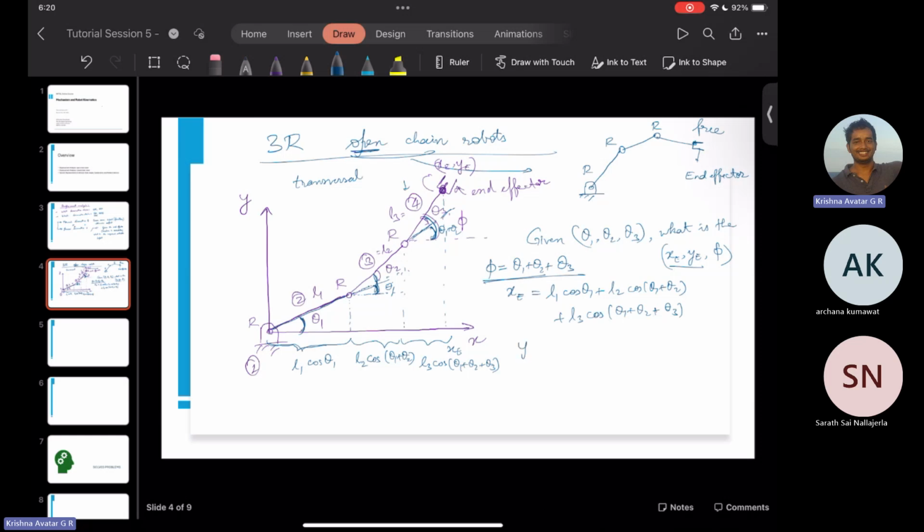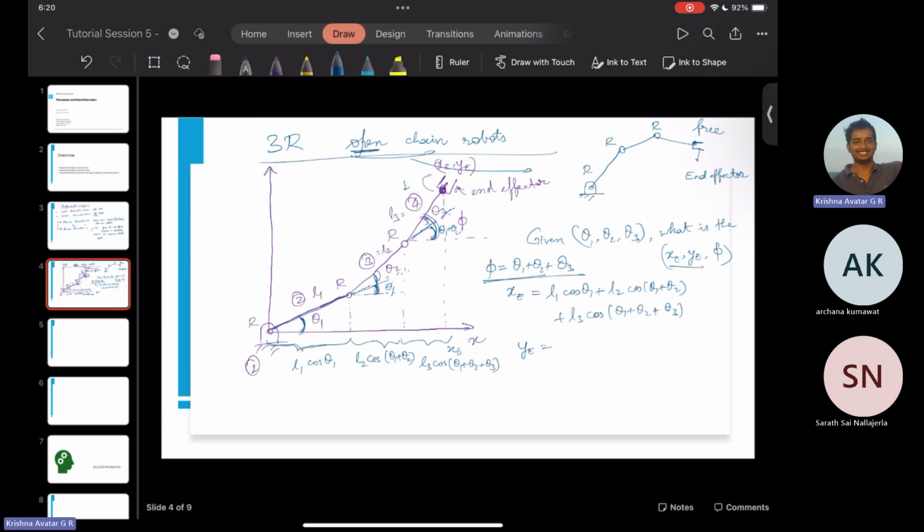Now let's determine the expression for the y component of this particular end effector. Let me just extend the y-axis so that we are able to clearly draw the projections.